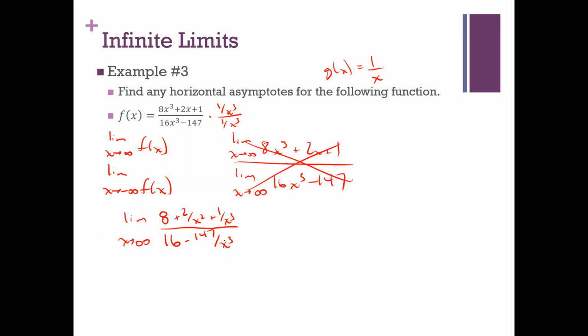So I have 5 individual limits that all exist, right? I didn't really change the function, just re-expressed it in a way that allows me to do this. Basically, this is equal to 8 plus 0 over 16 minus 0, which is 1/2.